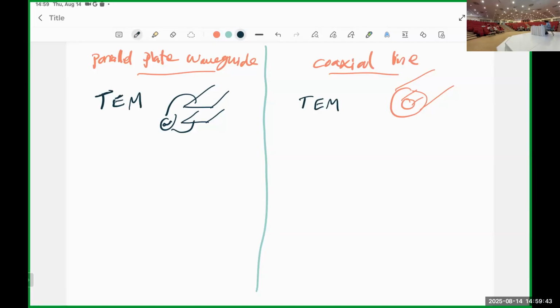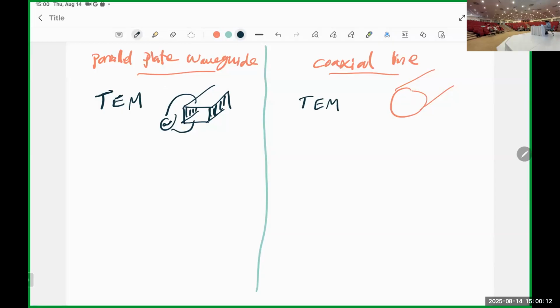Now, let's assume that we are connecting these two plates somehow. This is a wall, this is a wall. Now we call it a one-conductor type of transmission line. If we do the same thing by removing this inner one, now we have a one-conductor transmission line.